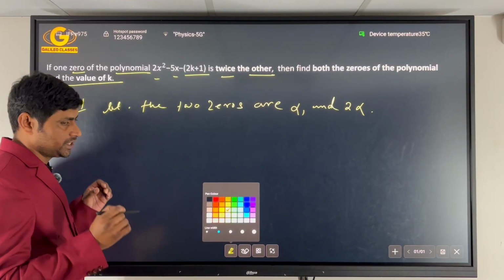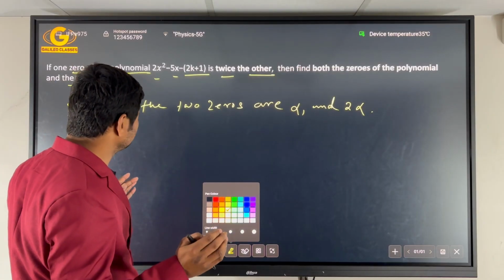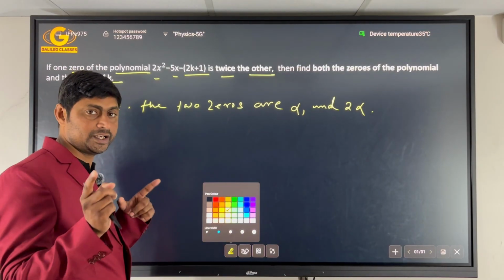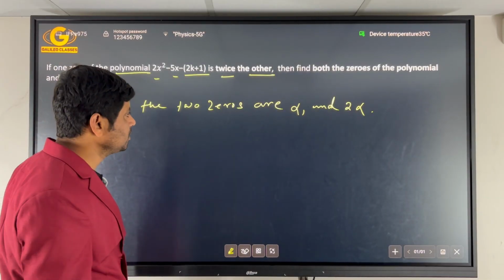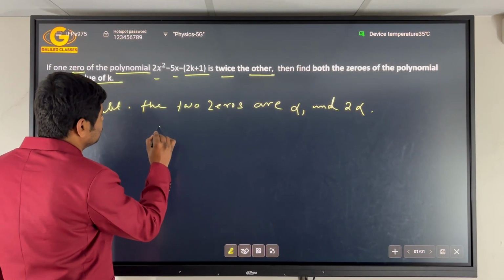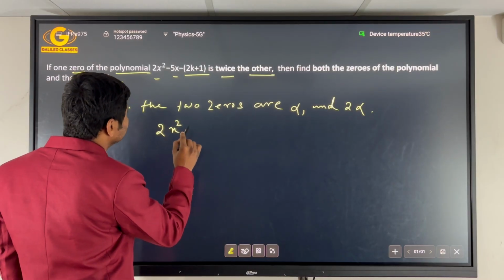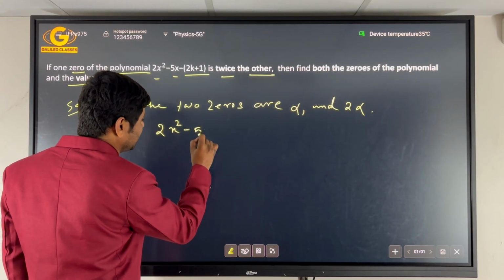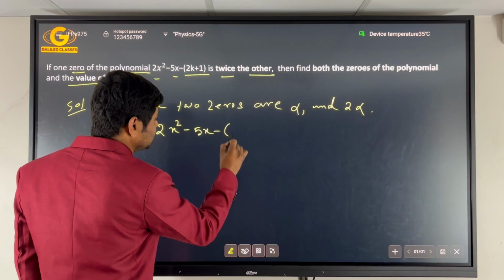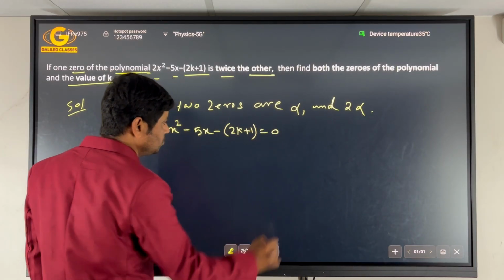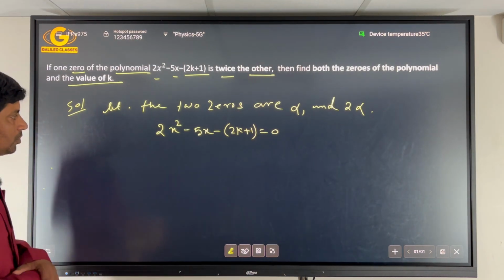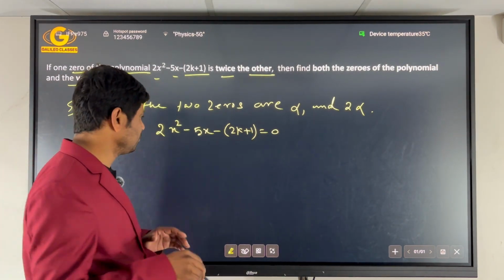First, writing the equation in standard form. Always we have to write the quadratic equation in standard form before applying the sum of the roots and product of the roots. 2x square minus 5x minus 2k plus 1 is equal to 0, for the zeros of the polynomial, not for all x.